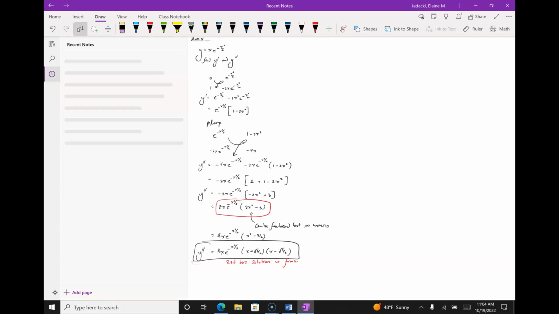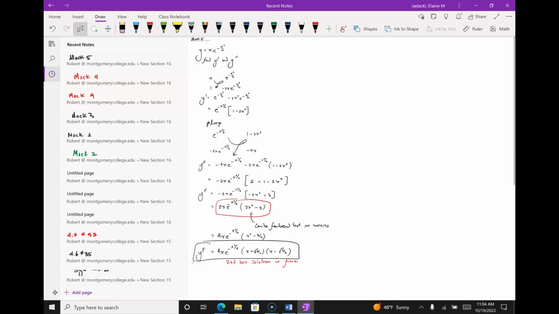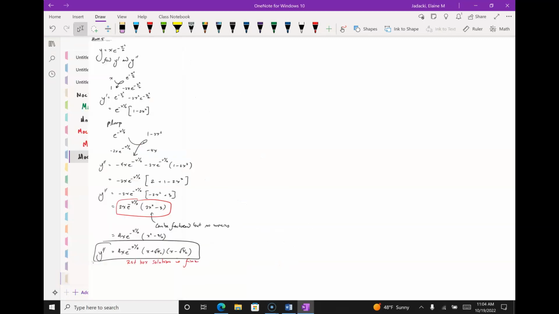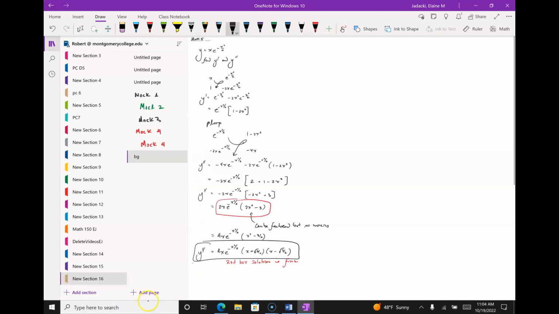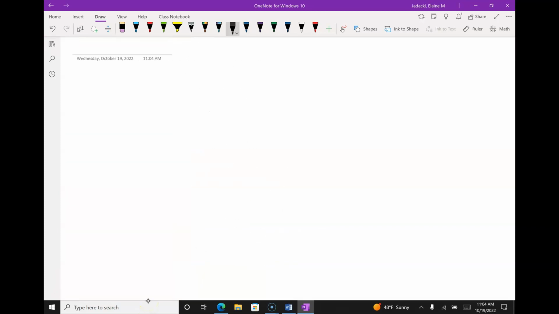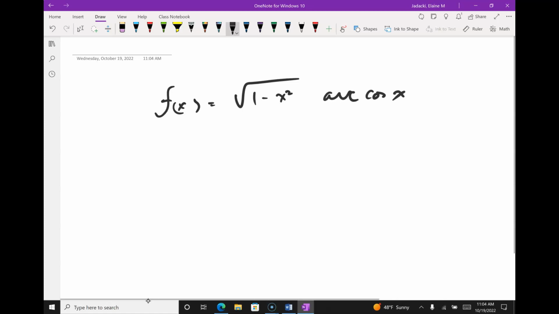The problem I have here, Jack, and tell me if I'm right because it's all sideways. I've got f of x is equal to square root of 1 minus x squared times the arc cosine of x.